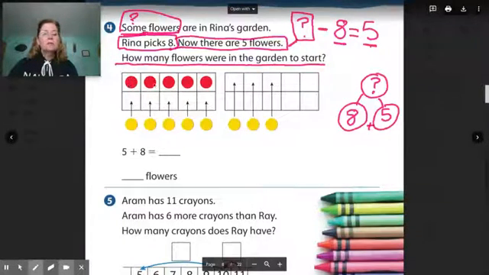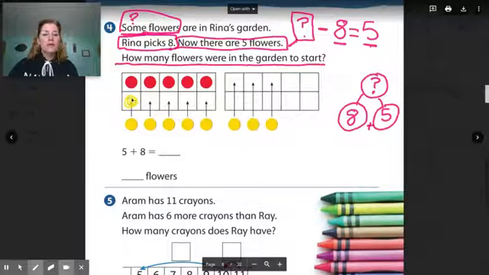So here are the 5 flowers that were left. Here are the 8 flowers that Rena picked. So let's go ahead and fill those in. Here's the 8 flowers.